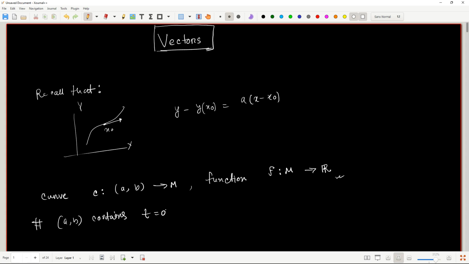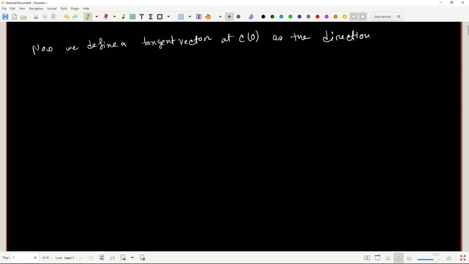And now we define the tangent vector. Now we define a tangent vector at C0 as the directional derivative of a function f of c of t.